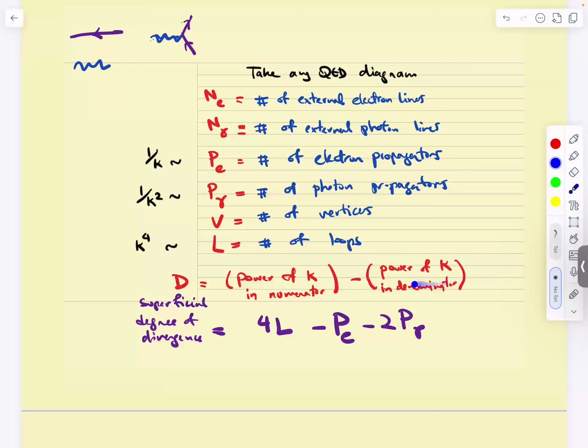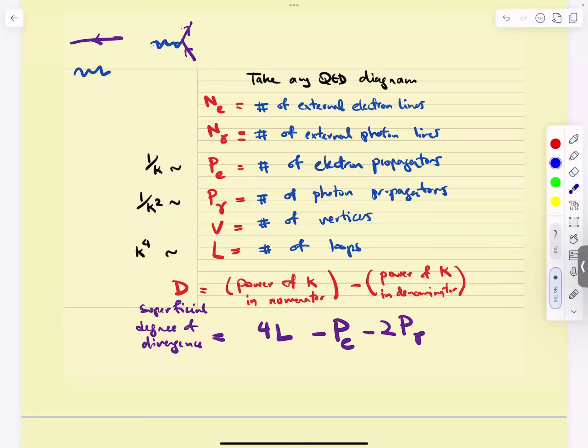Then the powers of k in the denominator: every electron contributes 1 power, so you have minus P_e, and every photon contributes a power of minus 2, so you subtract 2 P_gamma. This is a superficial degree of divergence that you could associate to every diagram. We're going to see it's a good starting point for organizing Feynman diagrams. However, it could sometimes be misleading. Okay, so that's the basic idea. Is the idea of superficial degree of divergence clear?